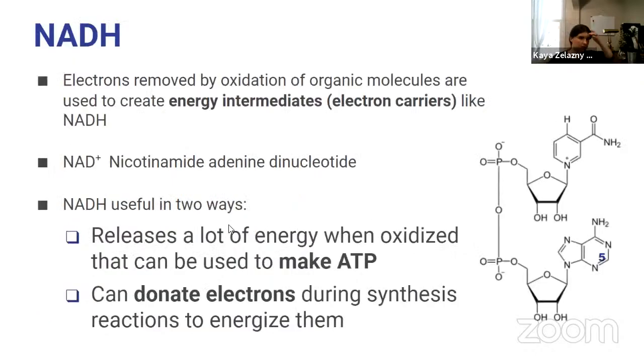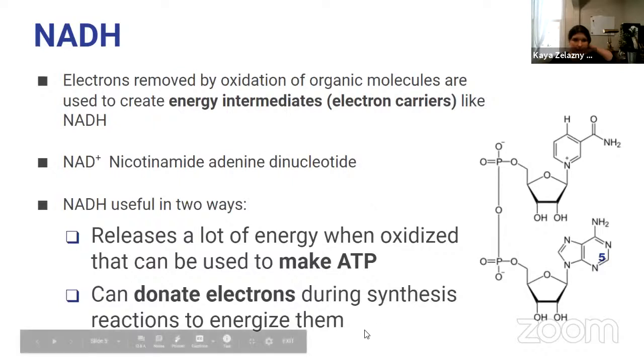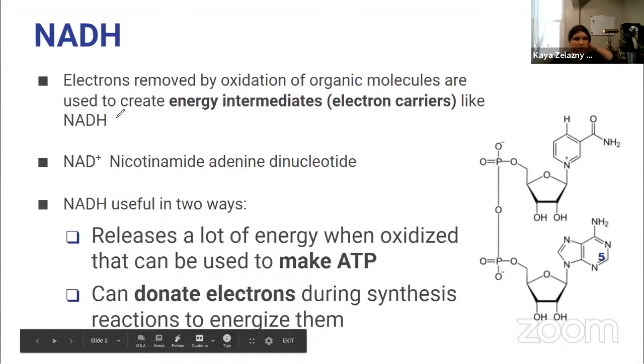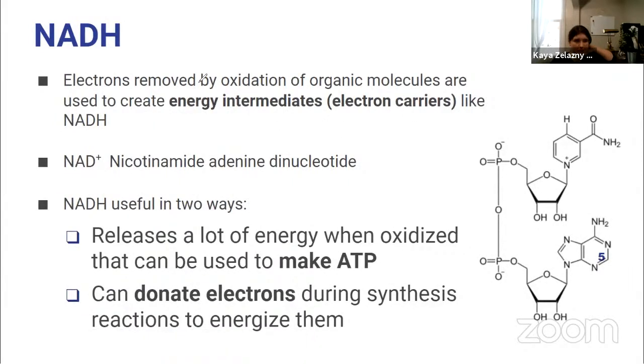So when we're talking about this in cellular respiration, we're talking about NADH usually. NADH is going to undergo oxidation and reduction reactions, redox reactions, in many parts of this process to create energy intermediates, which just means it's going to be taking electrons, carrying them around, carrying them to the end of this process, where they're going to play a big role in creating a lot of ATP all at once.